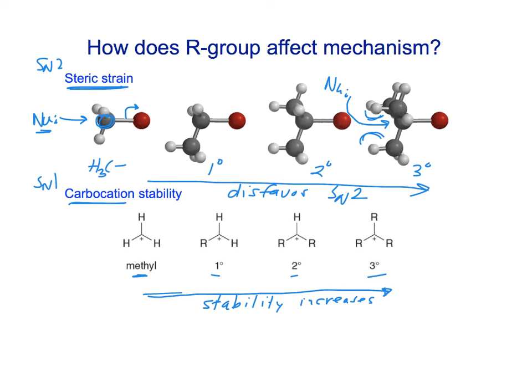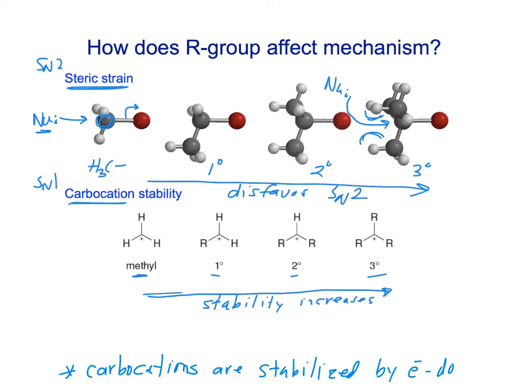Carbocations are stabilized by electron donating groups. Let's write this down here. I'll say carbocations, but this is really true for all cations, are stabilized by electron donating groups.